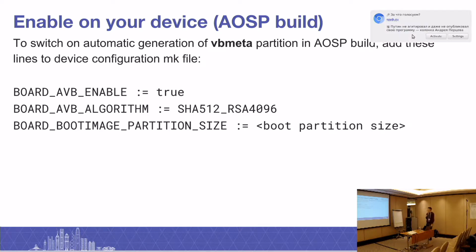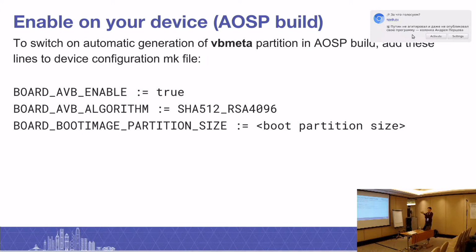Regarding this VB meta partition, frankly speaking, I started from using the AVB tool, which is actually used for generating this VB meta structure. But there is a more convenient way. You can just enable it in the AOSP build system by adding these three build flags.